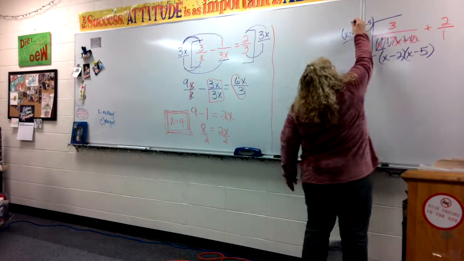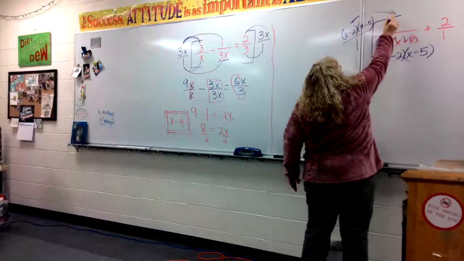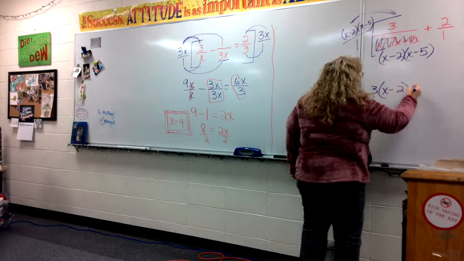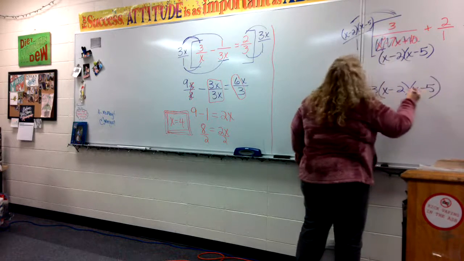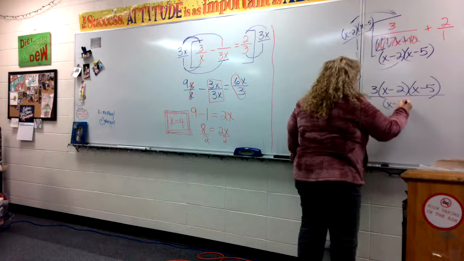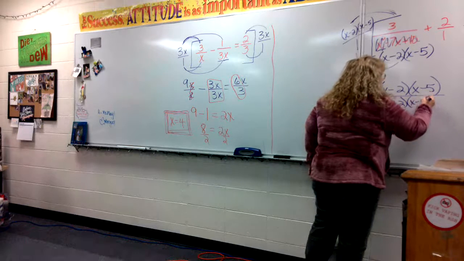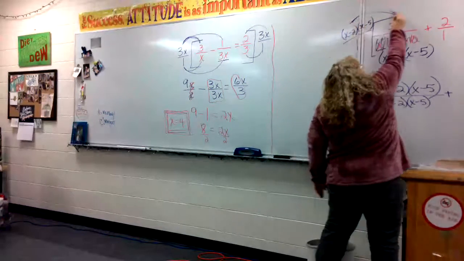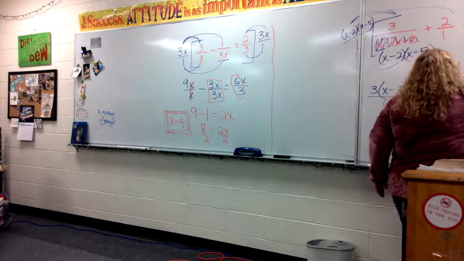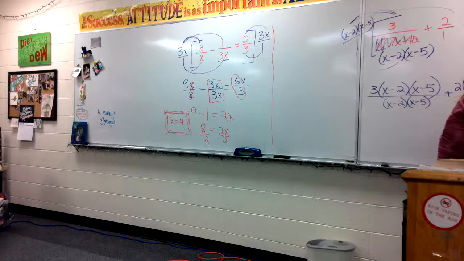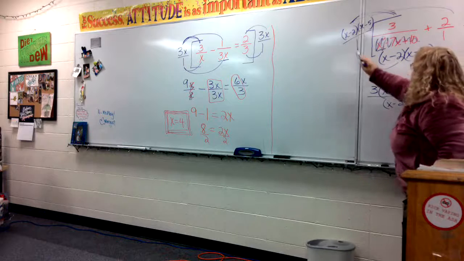When you multiply this, I don't want you to really multiply it right away. We're going to do 3 times this stuff. So 3 times x minus 2, x minus 5, over 1 times this stuff, x minus 2, x minus 5. Plus, oh boy, now we're going to take x minus 2 and x minus 5 and multiply it by the 2, over 1 times 1.